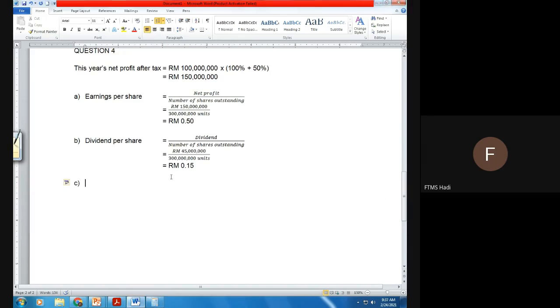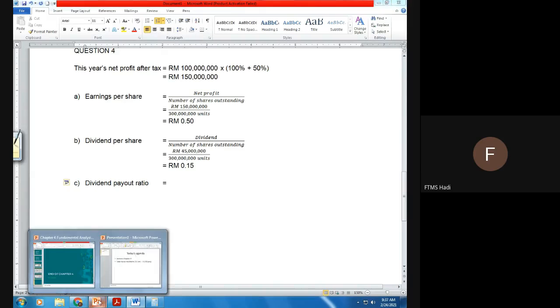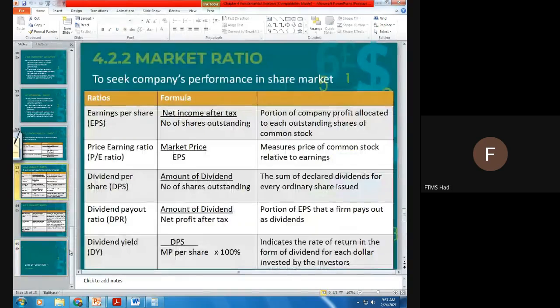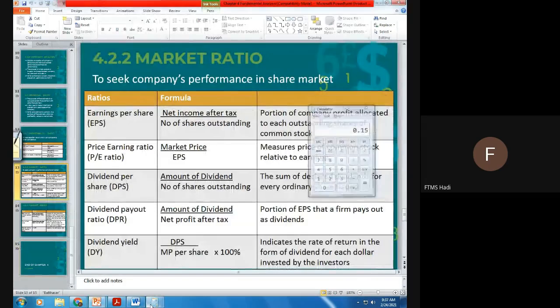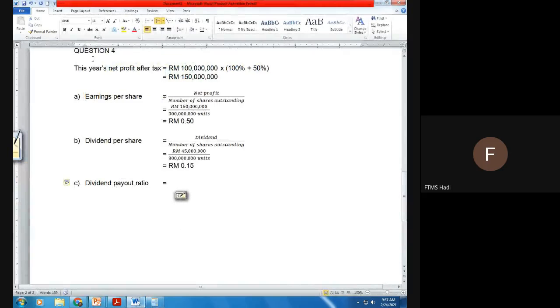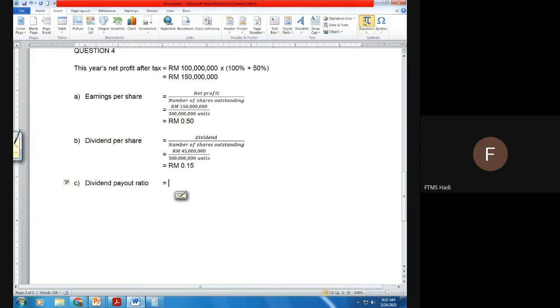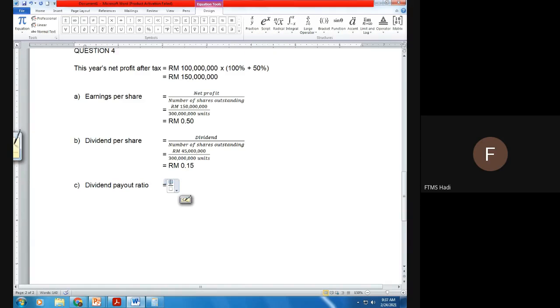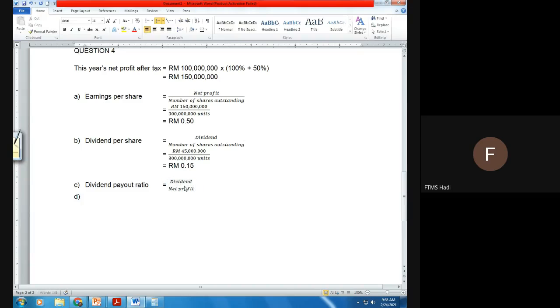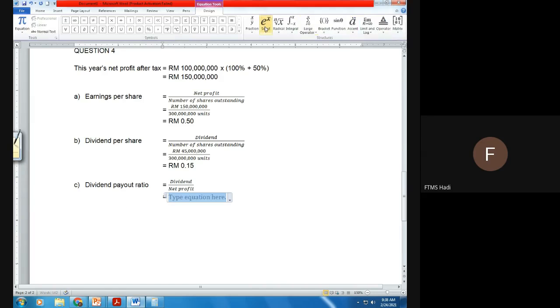Okay, next question is question C. Dividend payout ratio. Okay, dividend payout ratio, the formula is dividend divided by net profit. The answer will be in percentage. Okay, so dividend payout ratio.